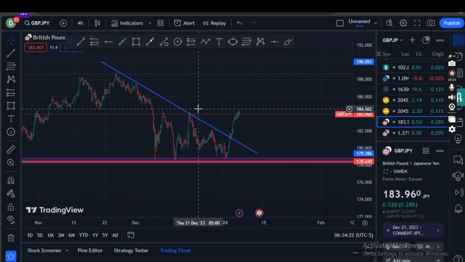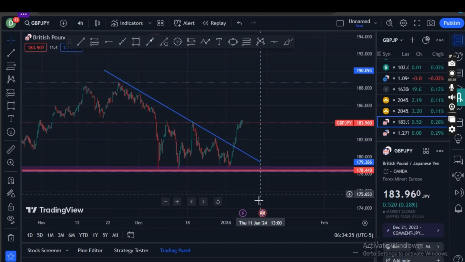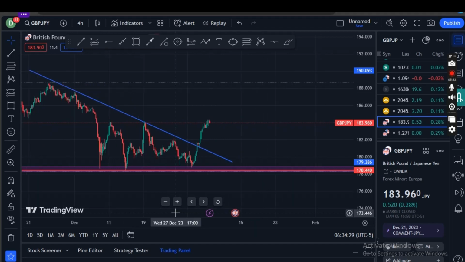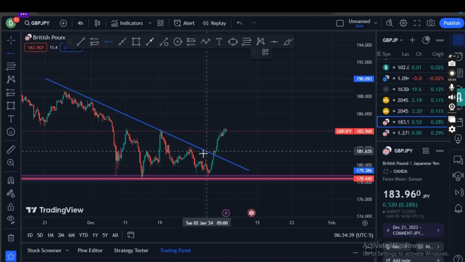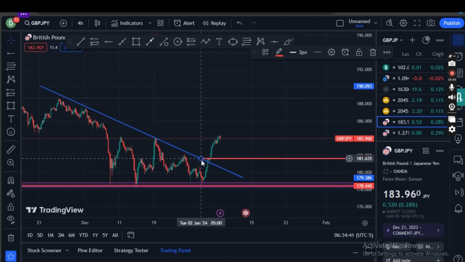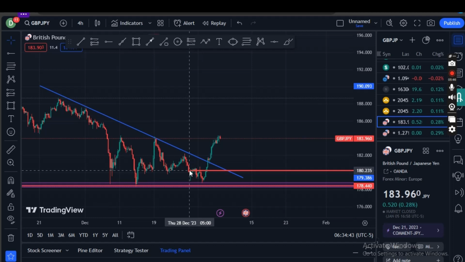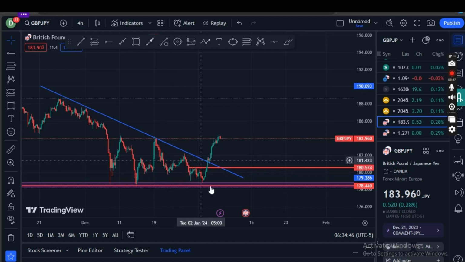Price broke. Immediately price broke the resistance, we need to be sure that it's true. The buyers are back on this trend, so we must wait for a retest. We've got the previous resistance. Price could reverse.